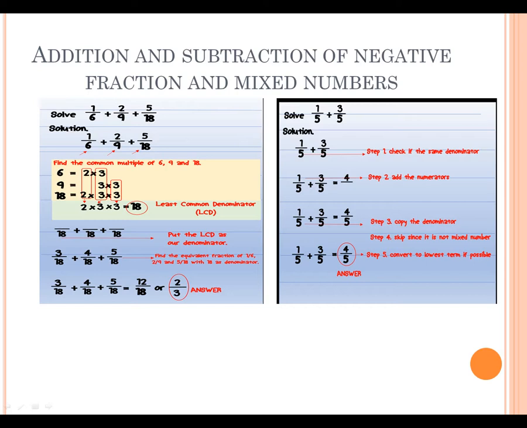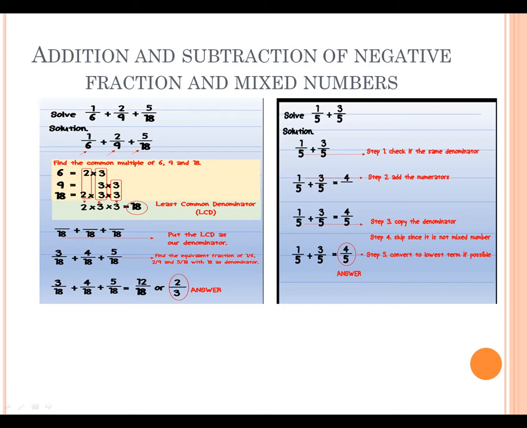Now the denominator is the same, so we can take 18 as the denominator and add the numerators, and the sum of the numerators is 12, so its answer should be 12/18. But this can be divided: 6 2s are 12 and 6 3s are 18, so its answer should be 2/3.